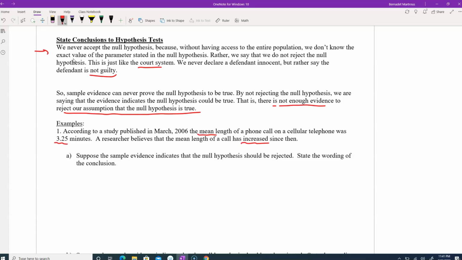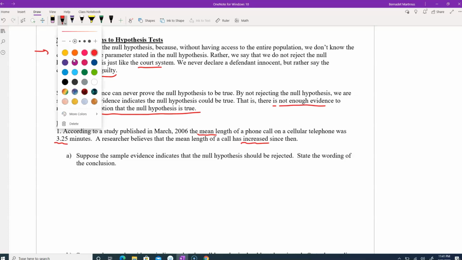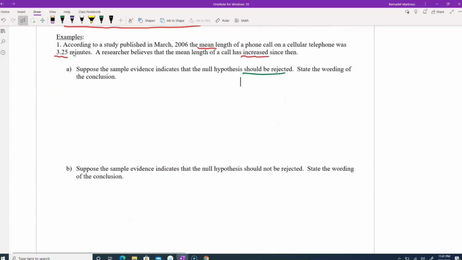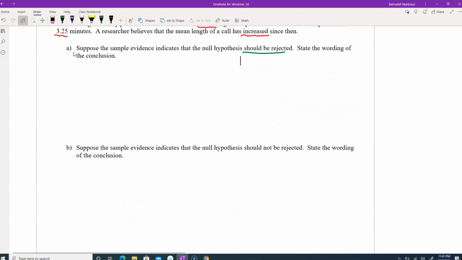Part A, suppose sample evidence indicates that the null hypothesis should be rejected. Here it says this one should be rejected. State the wording of the conclusion. We're writing what we have for H0 and H1.